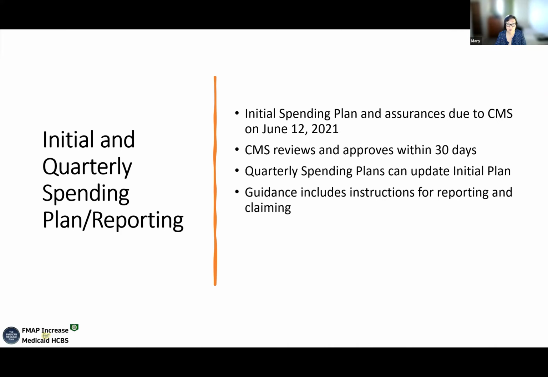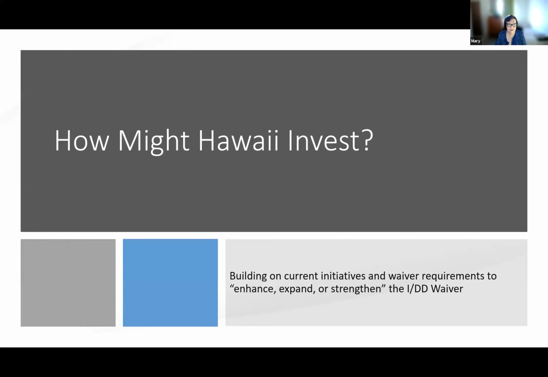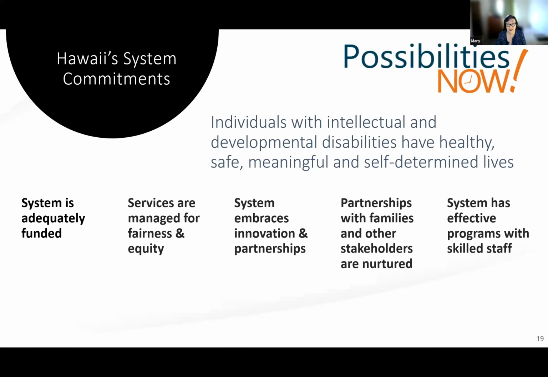And we're going to next be talking about how we should think about that spending plan. So it's really how might we invest as a state, as a system, building on our current initiatives and the waiver requirements to, quote, expand, enhance, or strengthen the IDD waiver.